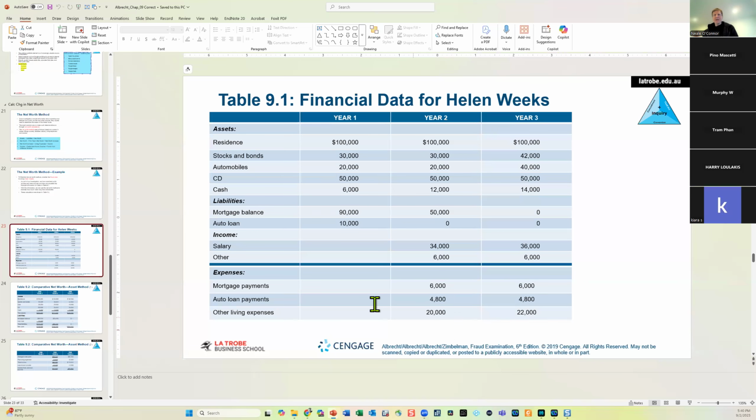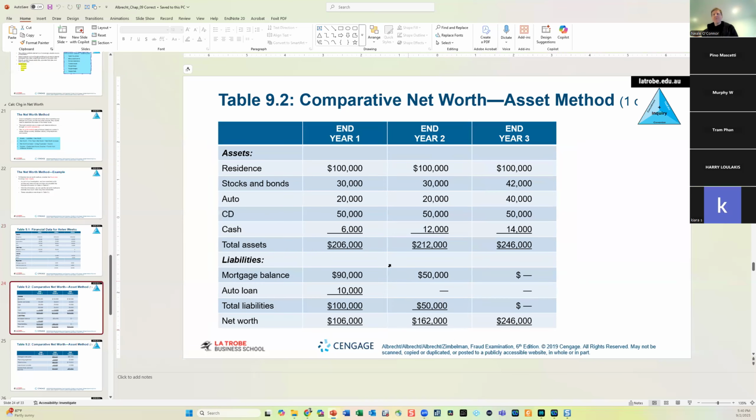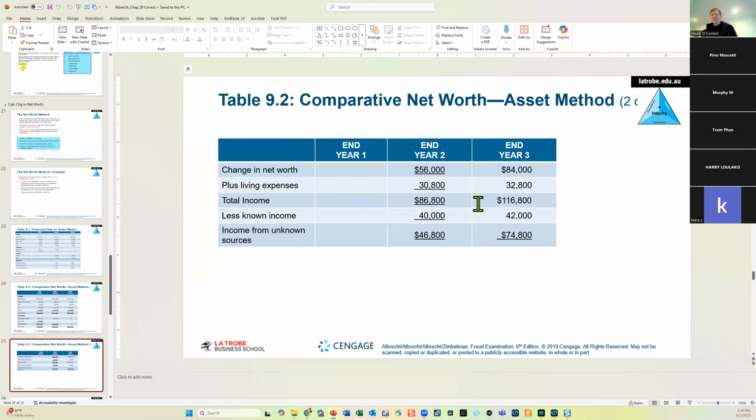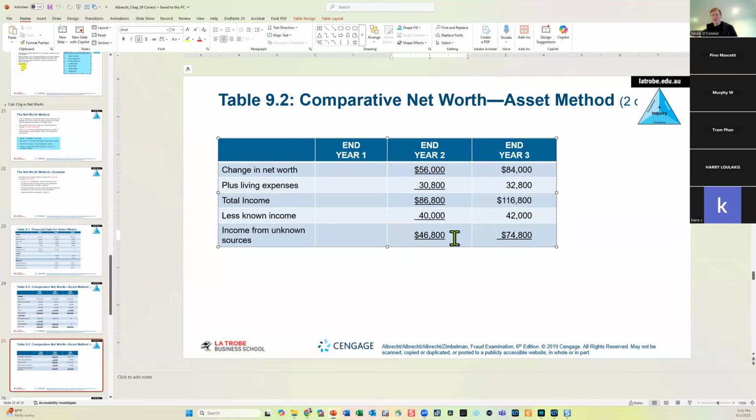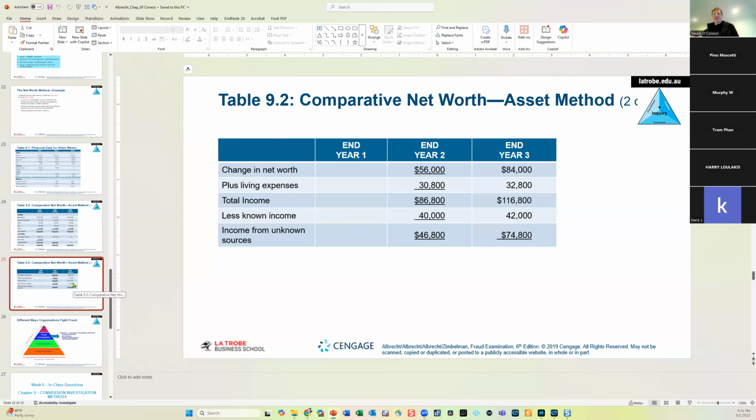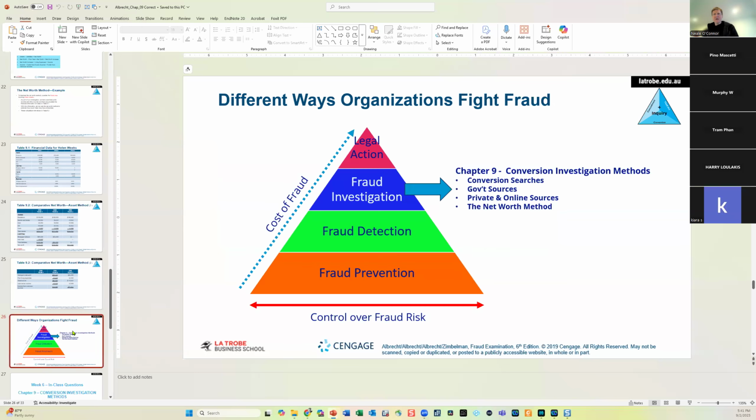If we're grading the exam, what matters is that you get to this figure here, income from unknown sources. How you get there, you can go this way or the other way that I talked about. The main thing is that it's clear and logical and you make things very clear.